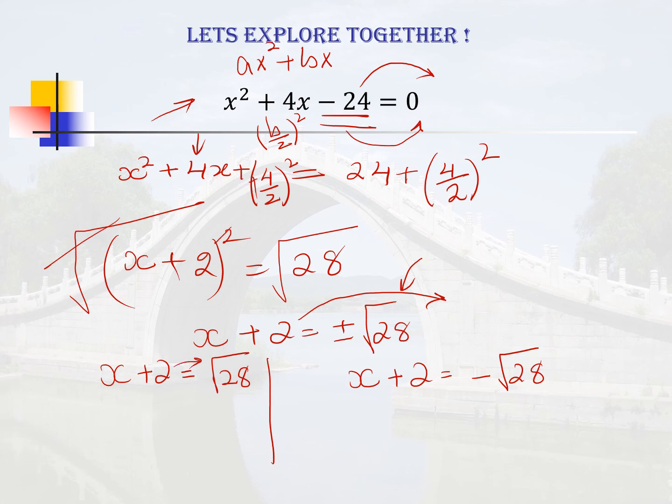Bring the 2 to the other side, so positive 2 will change into negative 2, and here plus square root 28. Bring the 2 to the other side, so you will get negative 2, and then negative square root 28. As I said, the answers can be written in the form of decimals or in this way.